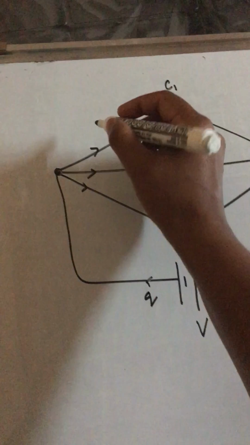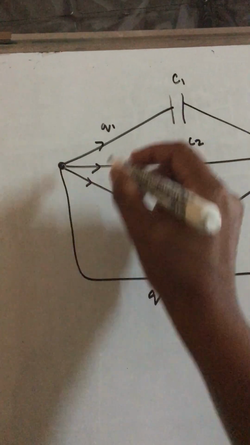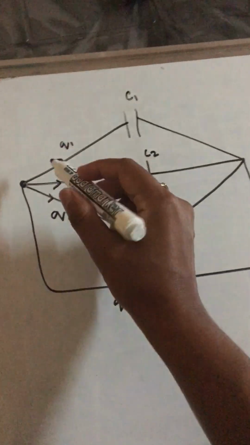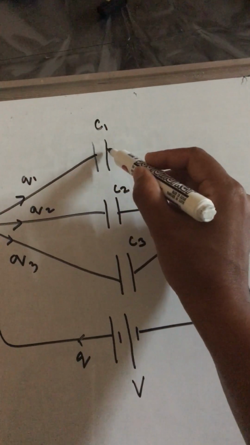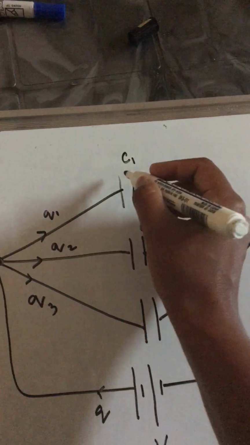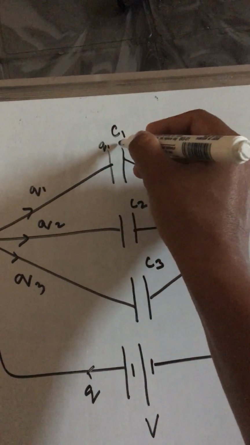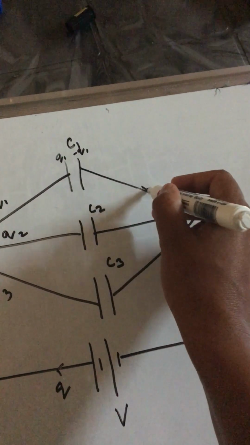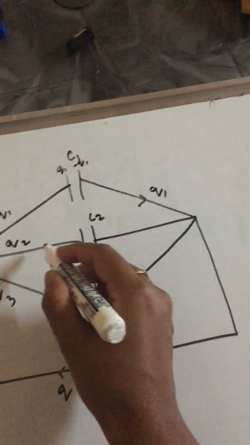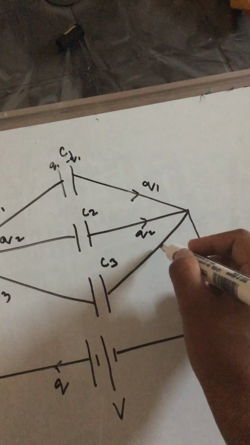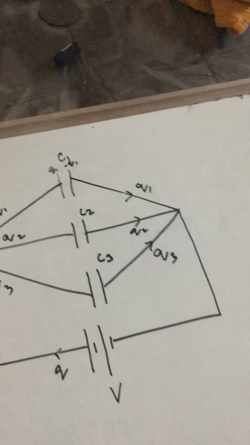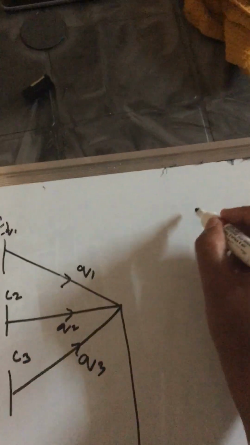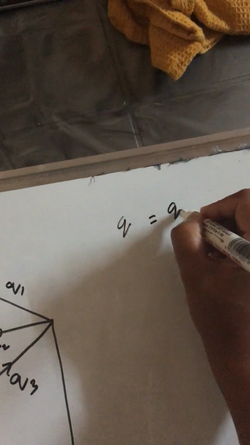So Q1 here, Q2, Q3. The plate on one side becomes plus Q1, the other side minus Q1, and the same for Q2 and Q3.